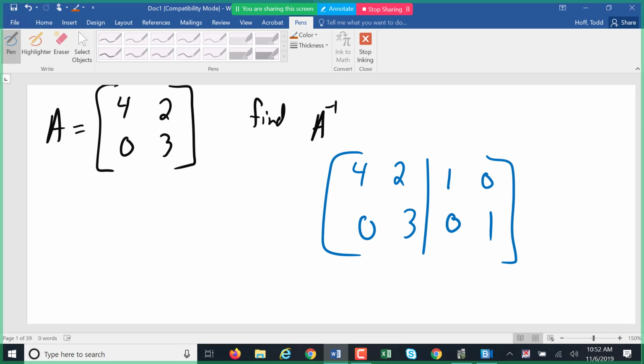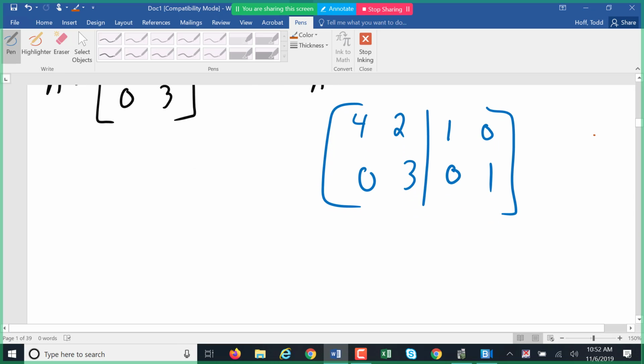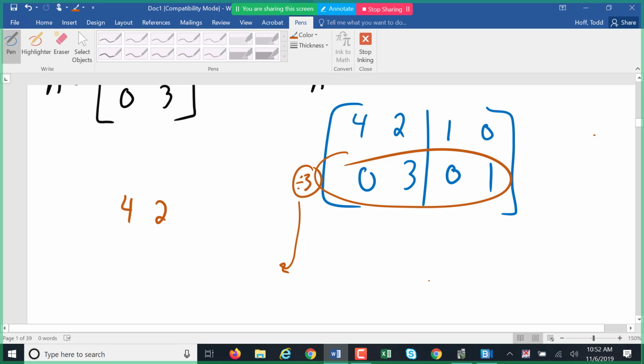I prefer to use the parallel matrix method here, where I augment the matrix with the identity matrix. And I'll notice that the bottom row already has a 0 in the first column, which is what I want. So I'm going to go ahead and finish off that bottom row by dividing it by 3. So that top row isn't going to change right now. 4, 2, 1, 0.